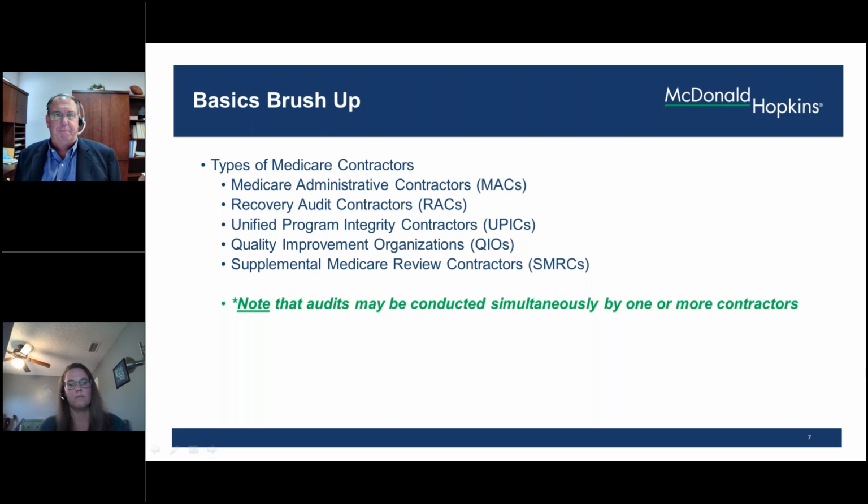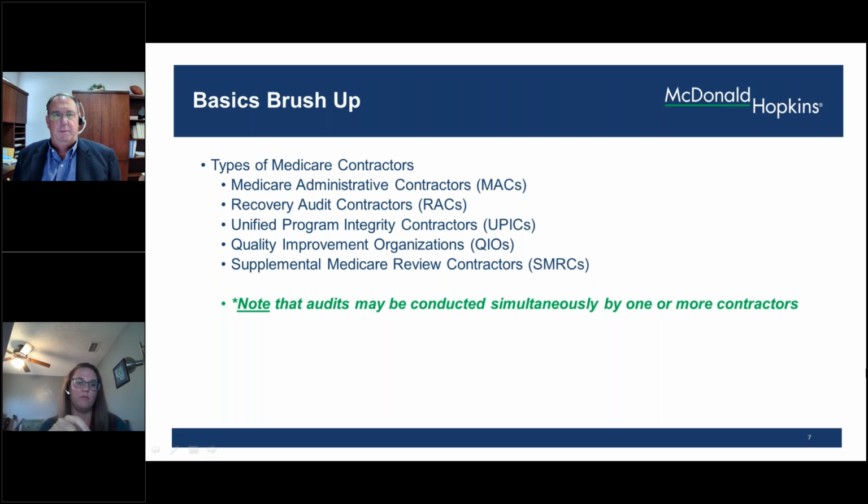Right. And I will say the other reason to know who your contractors are is most of these websites will have listings, like the Targeted Probe and Educate page will tell you what particular areas they're looking at. SMRC, the Noridian page, has a list of their current projects, so it tells you what the government contractors are currently focused on.